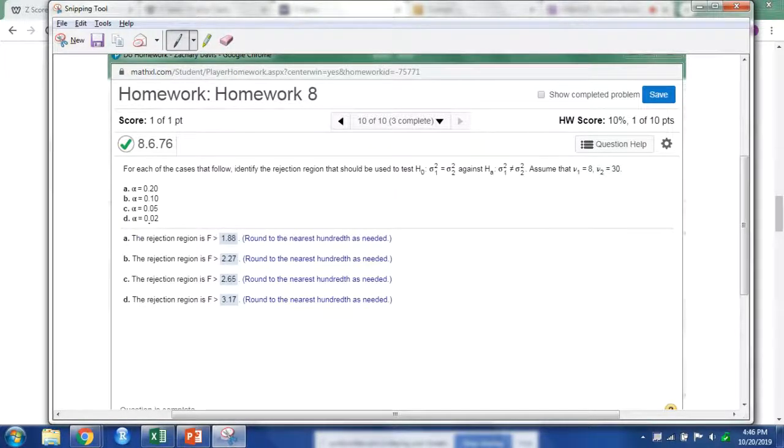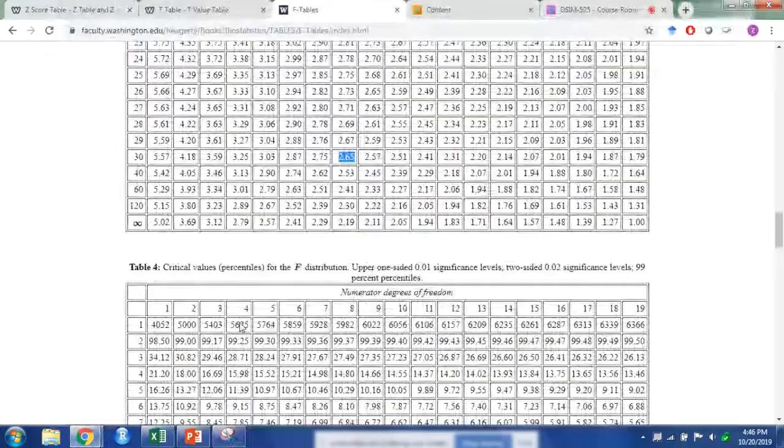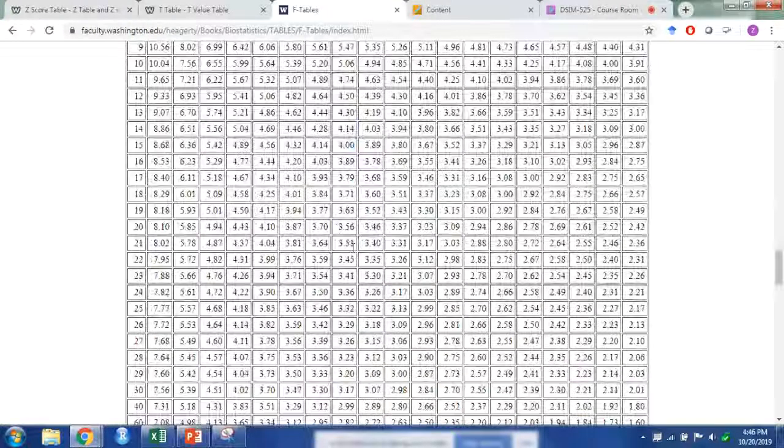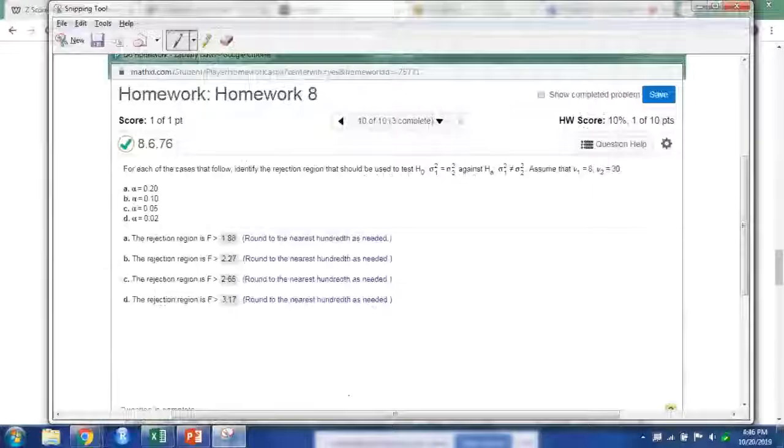The last one is alpha equals 0.02, which is the next table. Two-sided 0.02, one-sided 0.01. We go down the numerator degrees of freedom of 8, so we follow this column down to 30, which is 3.17.